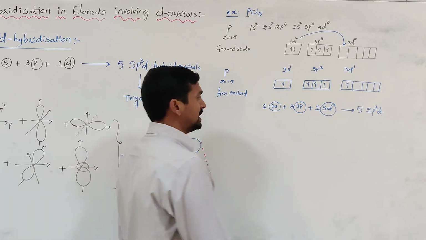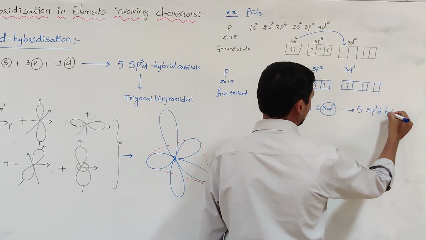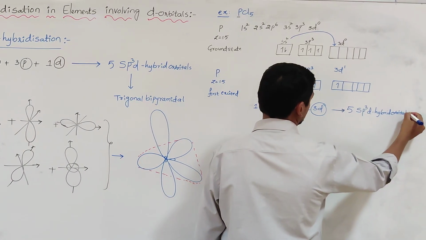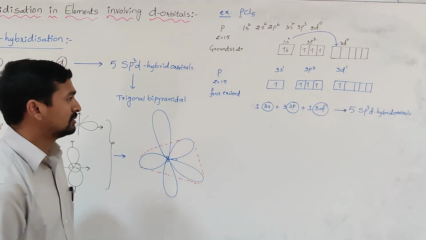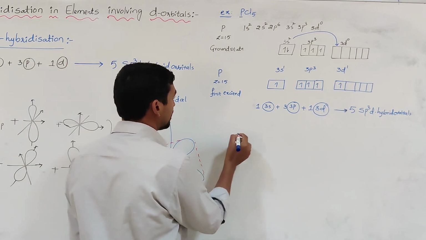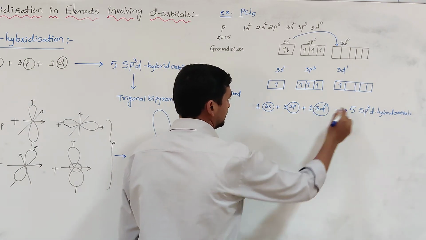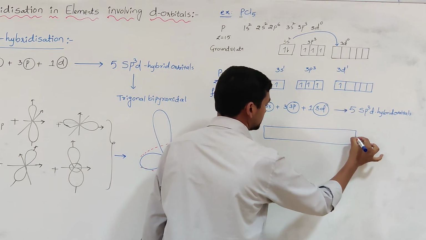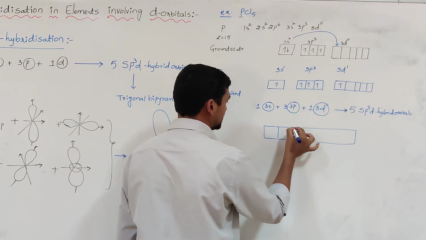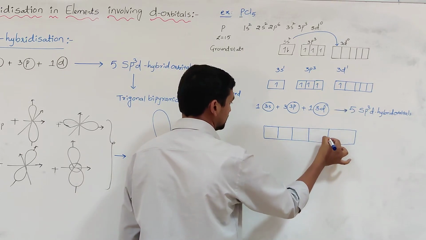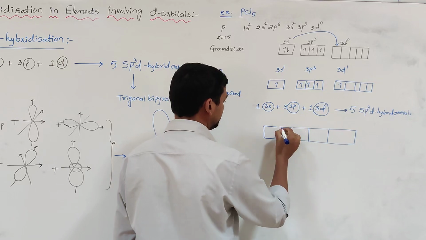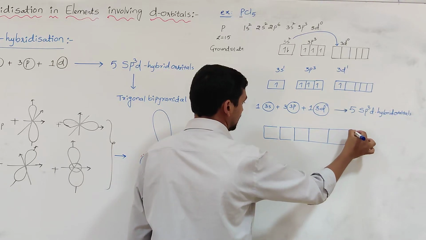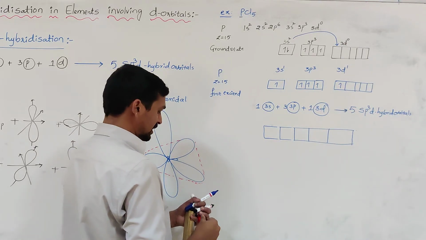All the 5 sp3d hybrid orbitals are equivalent in energy and shapes. Just for our understanding, each of these 5 sp3d hybrid orbitals contains one electron.